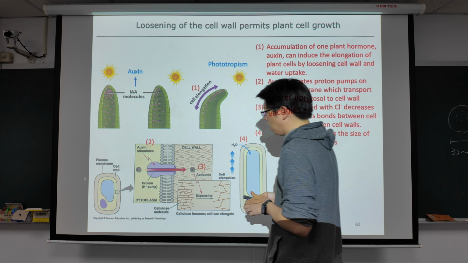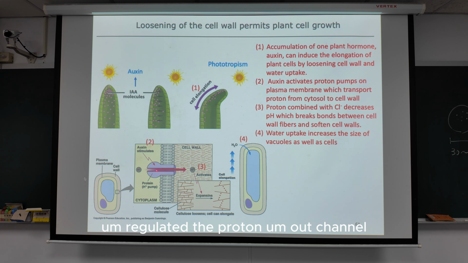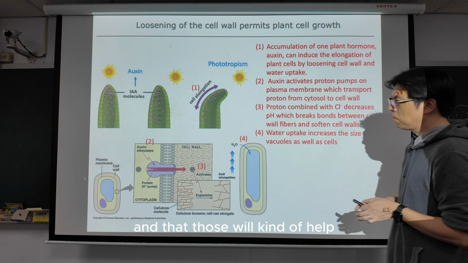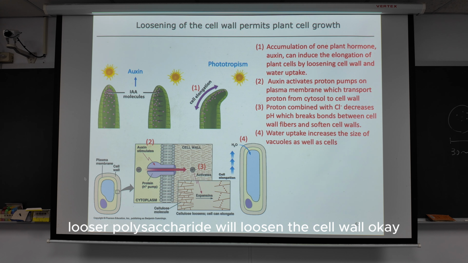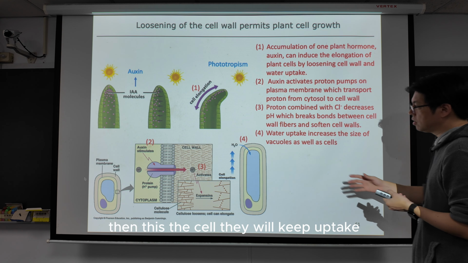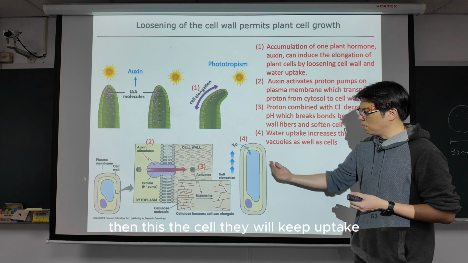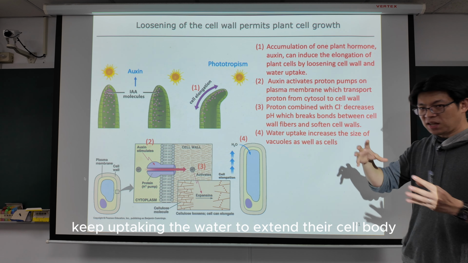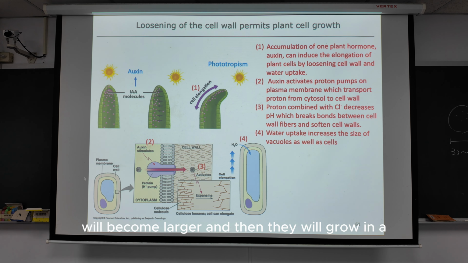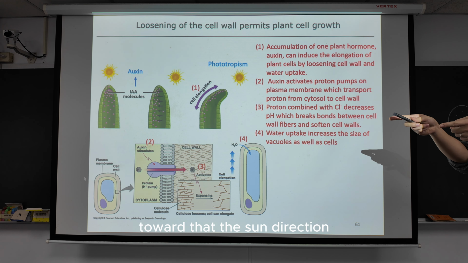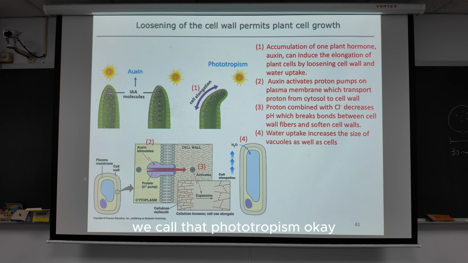It will keep transporting protons to the extracellular space and make the extracellular space more acidic. The acidic protons will help loosen the polysaccharides, loosening the cell wall. Then the cell will keep taking up water to extend its cell body, and finally this side of the cell will become larger, and the plant will grow toward that direction. We call that phototropism.